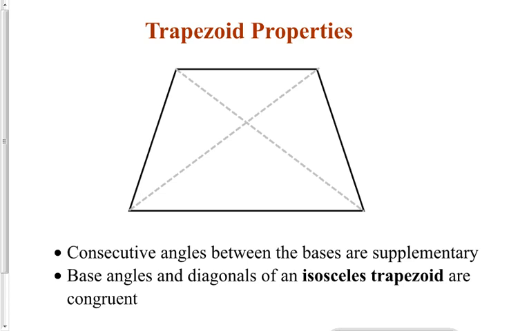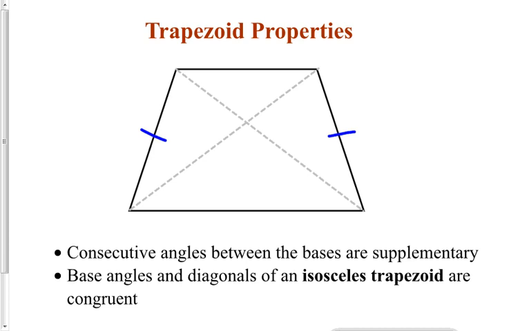Now, if our trapezoid is an isosceles trapezoid, which means that the two non-parallel sides are congruent to one another, then we know our second bullet point, the base angles and diagonals of this isosceles trapezoid are congruent.